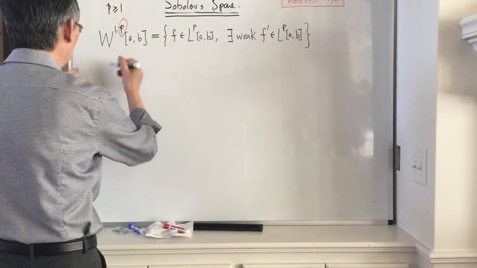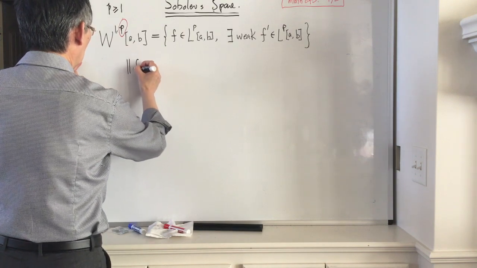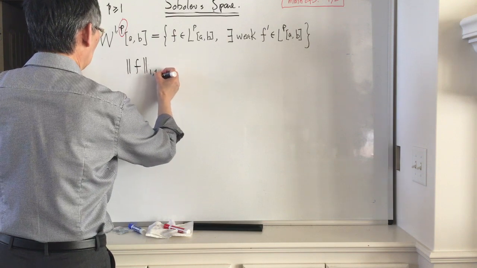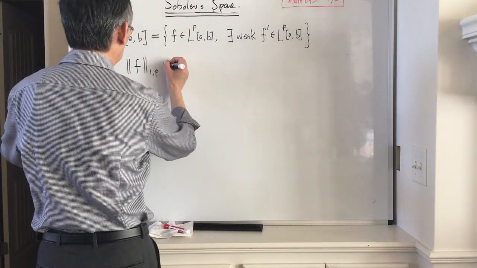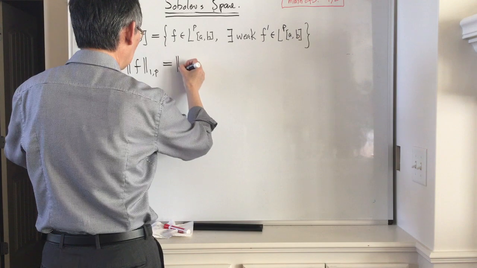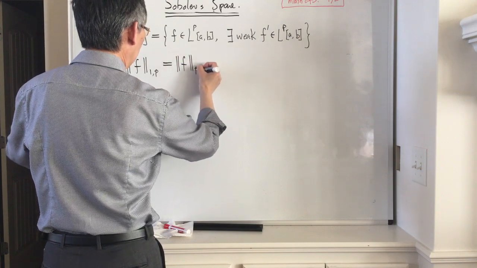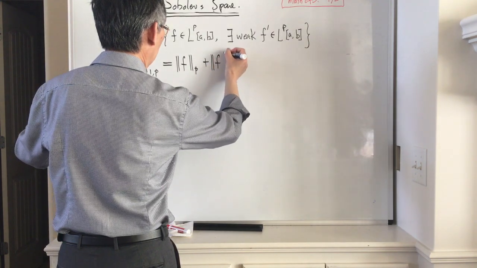Now we're going to introduce the norm of the function in this space. The norm is denoted by the W^{1,p} norm. It's not going to be the L^p norm. It's going to be equal to the L^p norm of f plus the L^p norm of f prime.